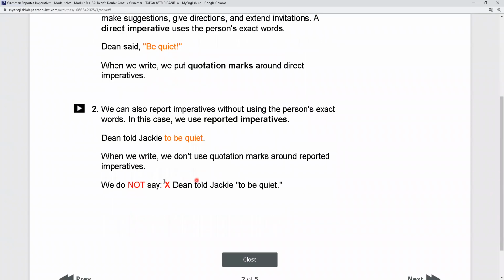When we write, we don't use quotation marks around the reported imperative. Saying it with quotation marks would be incorrect, because I'm using the infinitive, so I'm not using the person's exact words. That's the reason it's incorrect to use quotation marks. So that's everything about the definition of a reported imperative. I don't know if you have any question.